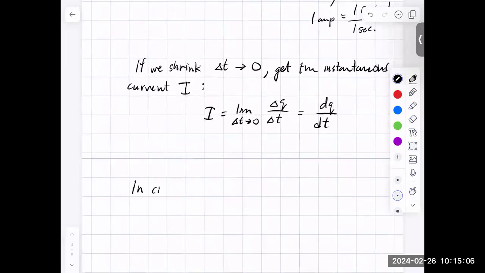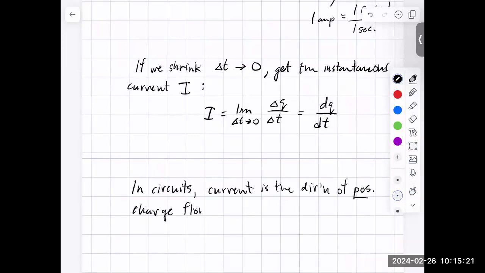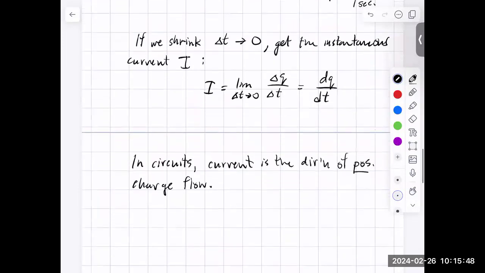In circuits, current is the direction of positive charge flow. You can have positive charge flow, for example, in a particle accelerator where they're accelerating protons and smashing them into things; there the current is in the same direction as the positive charge flow. But when you're flowing negative charges, like in a metal or conductor, the flow of charge is in the opposite direction of the current.